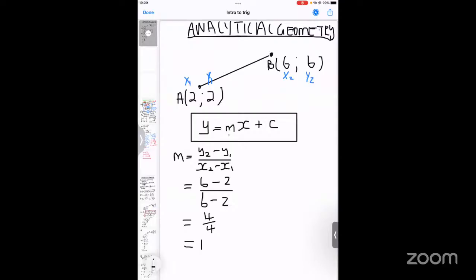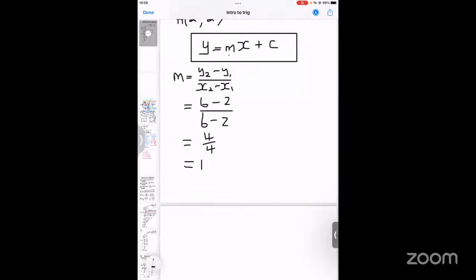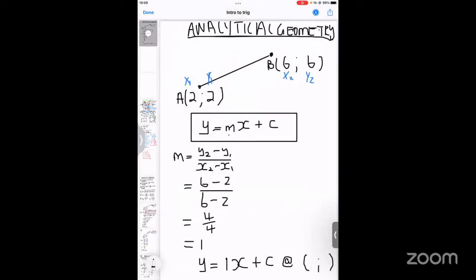So that means I now have y equals an invisible 1 multiplying x plus c. Then you just need to choose any point that you like between those two points.